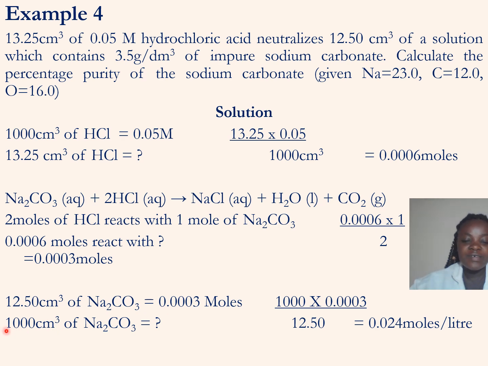So we ask ourselves, what about 1 liter? So what about 1000 centimeters cubed? So after we multiply there, we have 0.024 moles per liter. So that was the concentration of sodium carbonate in this reaction in moles per liter.